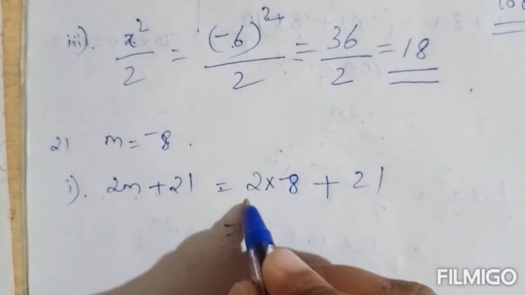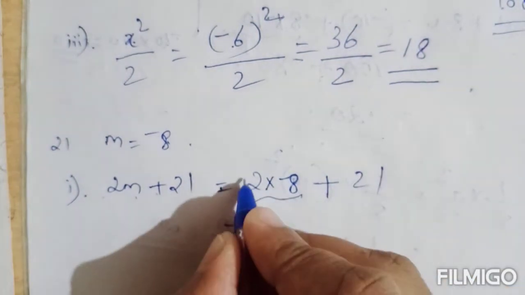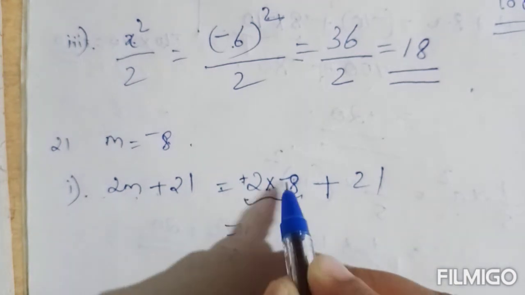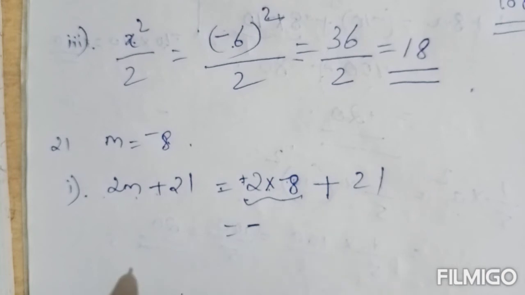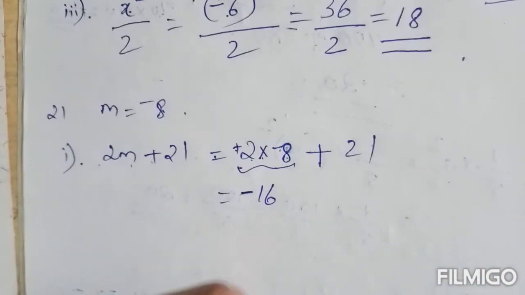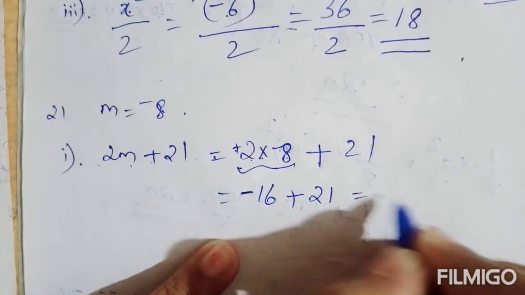So first doing multiplication, 2 into minus 8, positive into negative, it is negative. 2 into 8, 16. So negative 16 plus 21.